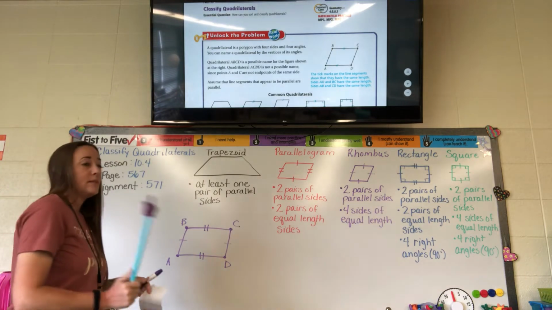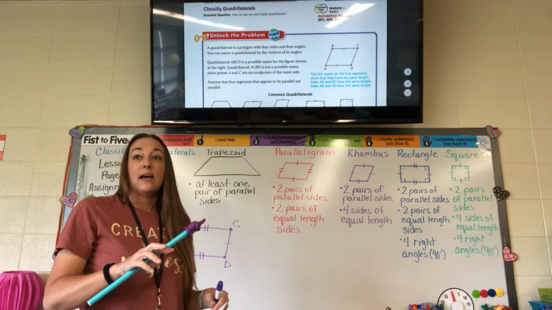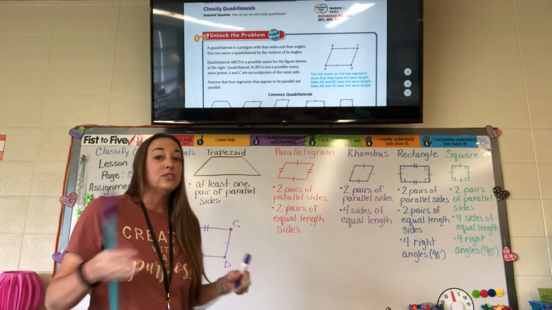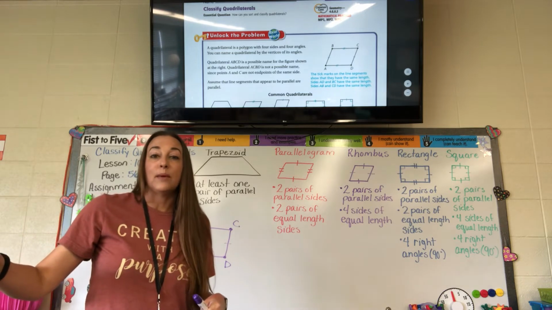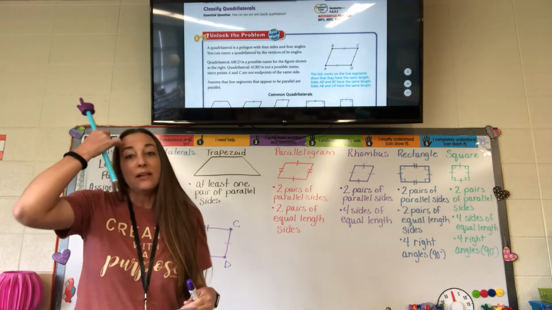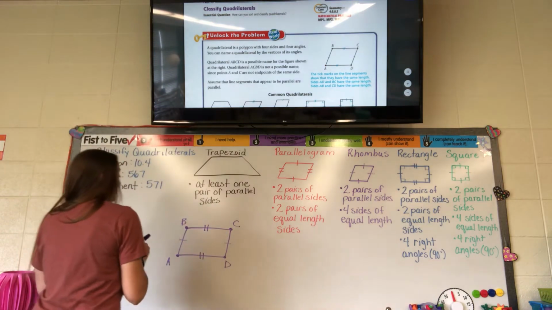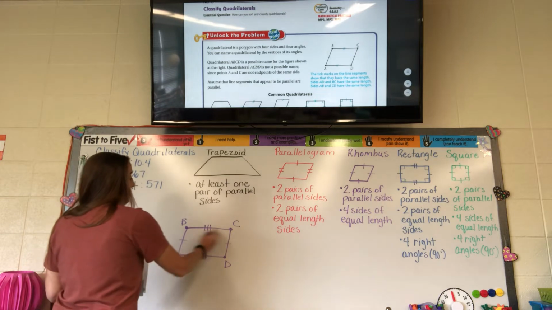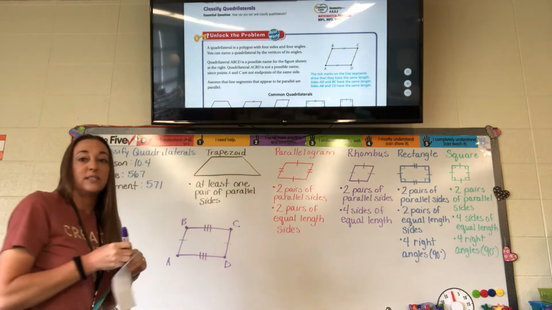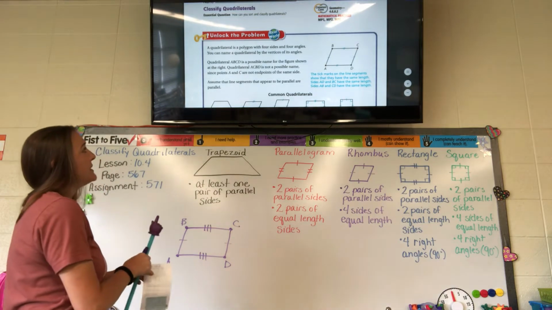It doesn't matter how many tally marks you have. All it's doing is showing you that the other line segment is the same length if it has the same number of tally marks. So we could even go 3 here and 3 here, and that would show that these 2 are the same length. Okay, back to naming.